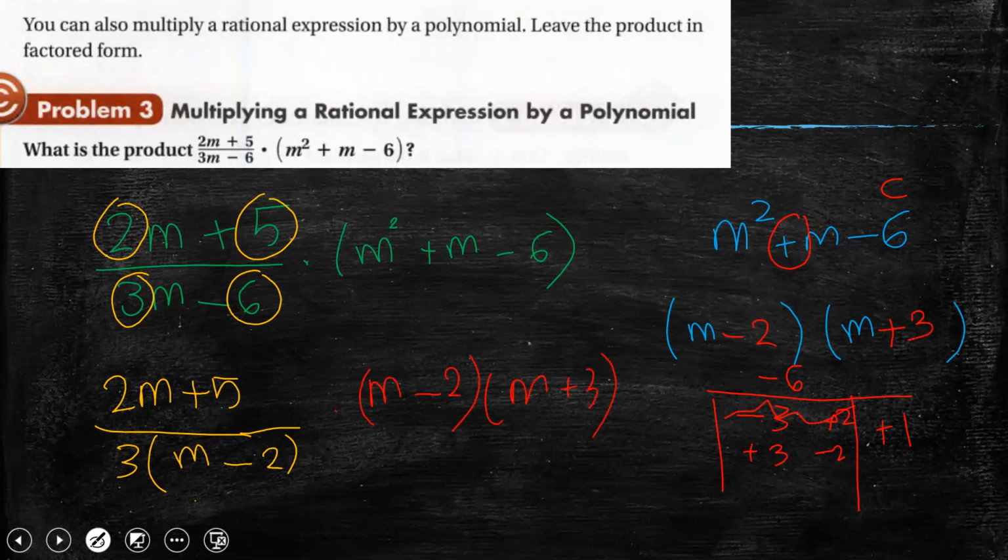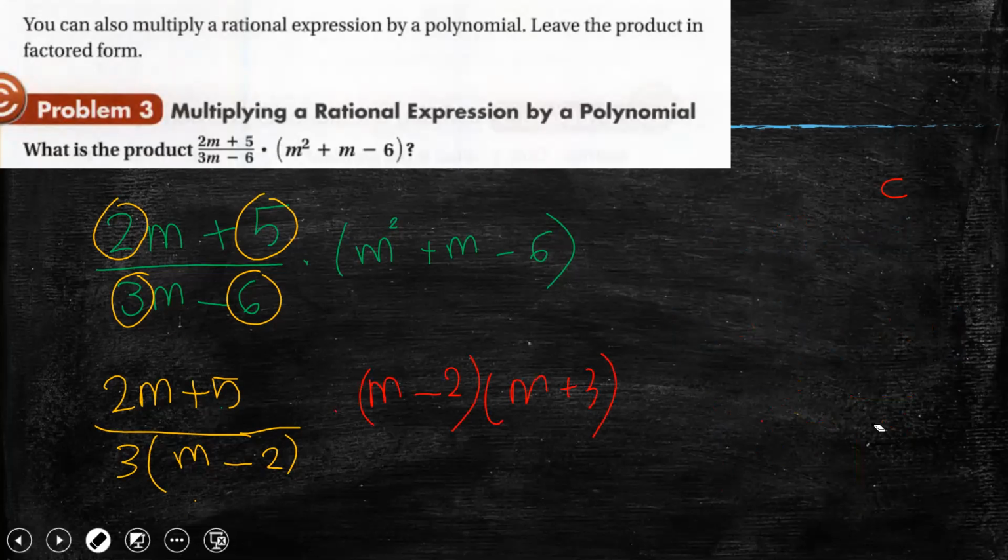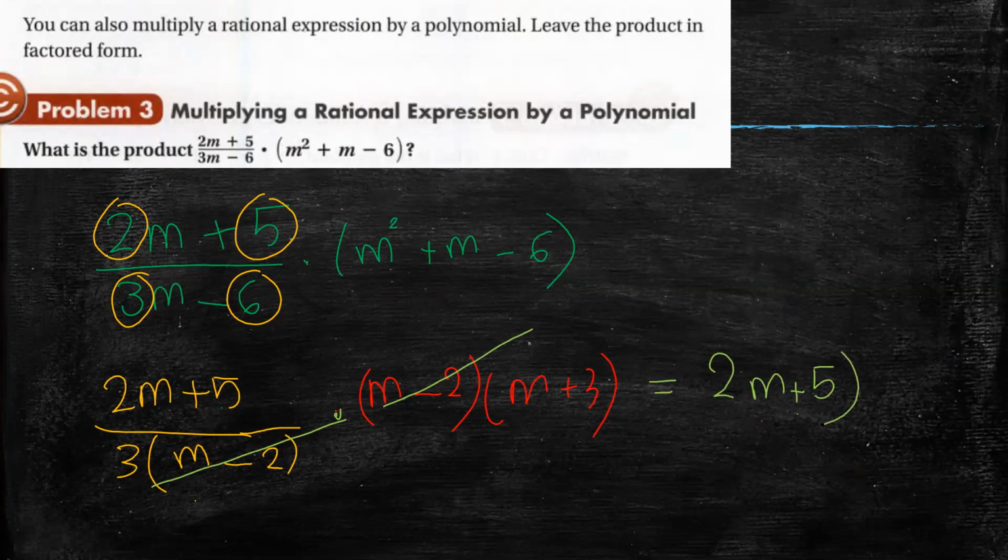Now, after I factorize it here, can I cancel m minus 2 with m minus 2? Yes, we can. So we have 2m plus 5 times m plus 3 over what?